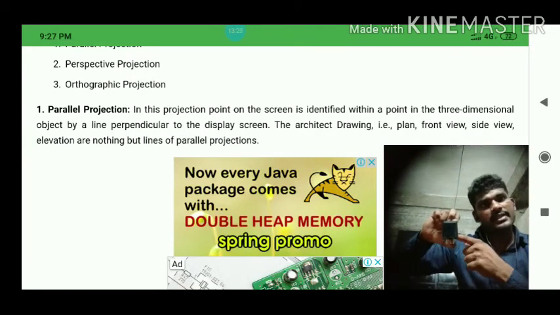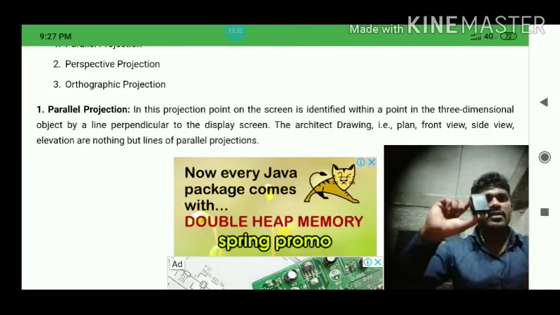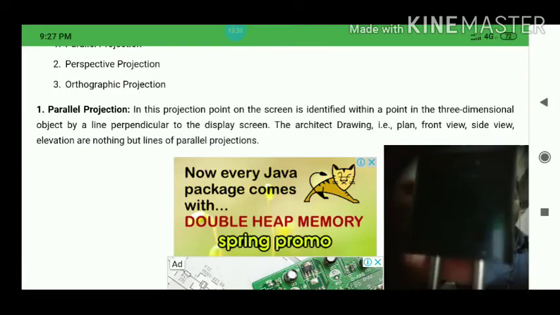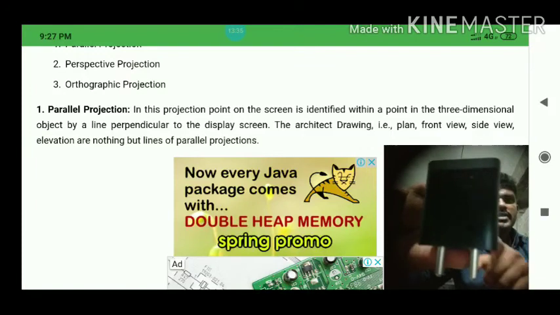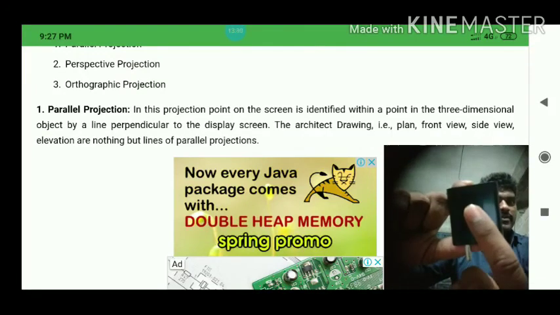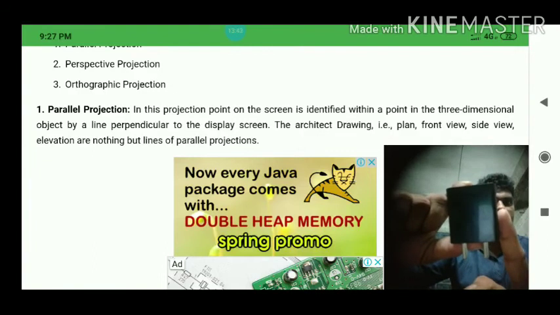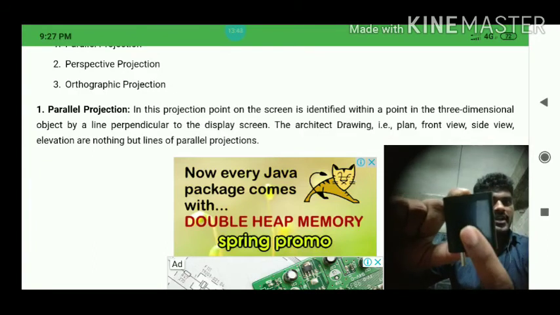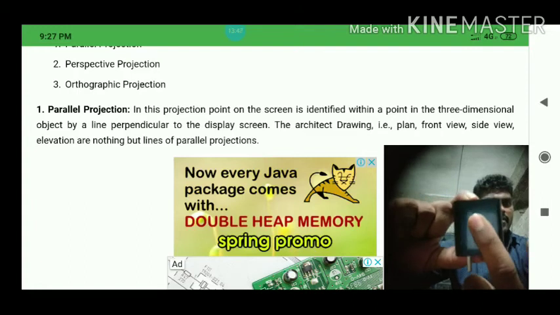We can't see the back view, because when you put it like this, you can see the front view, and then you can see the side view. This is the front view, and this is the side view.